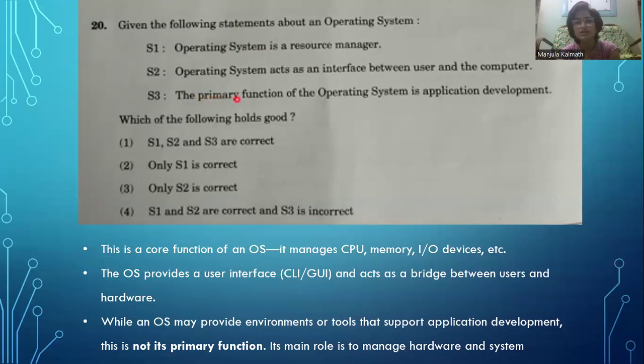No doubt the operating system provides the platform for the execution of applications and development of applications, but it is not a primary function. This will be wrong. That's what S1, S2, S3 are. The first two options are correct here. That is, only S1 and S2 are the correct answers and S3 is incorrect.